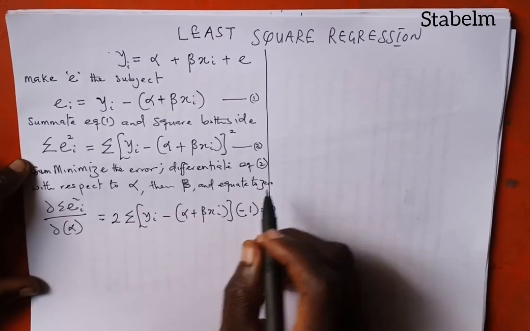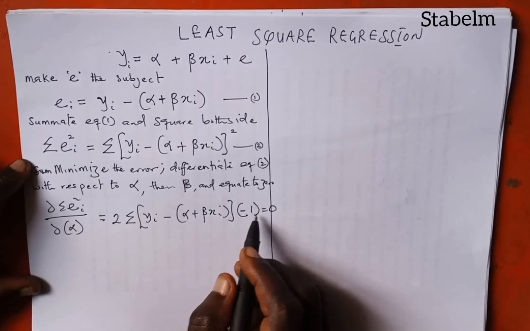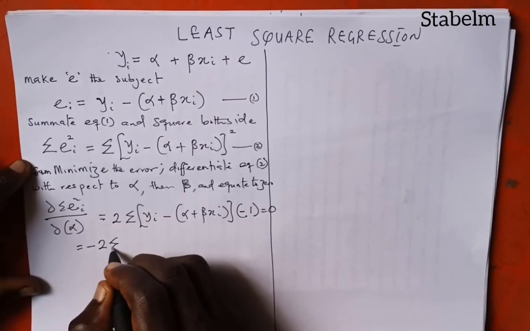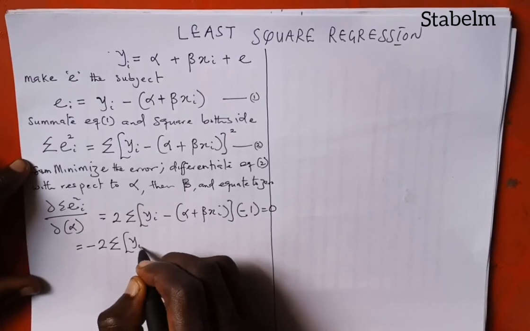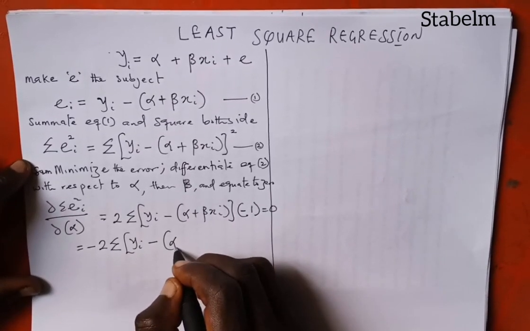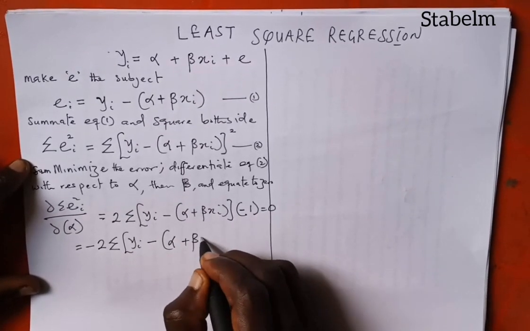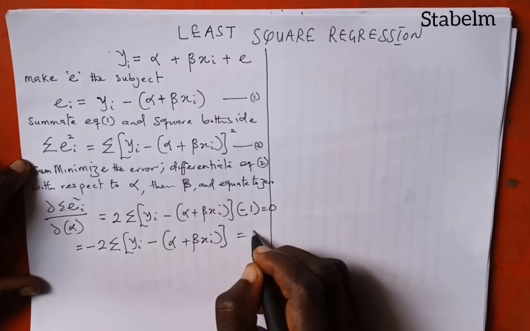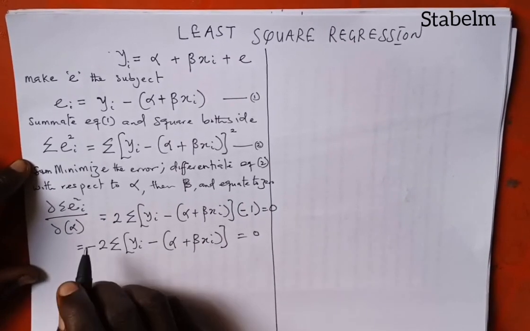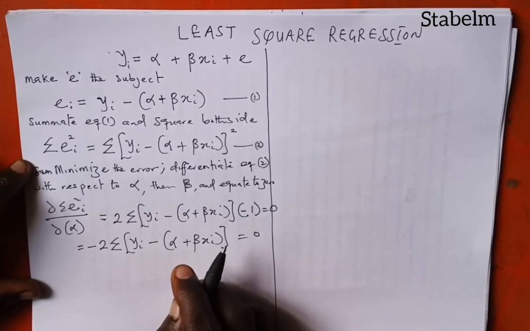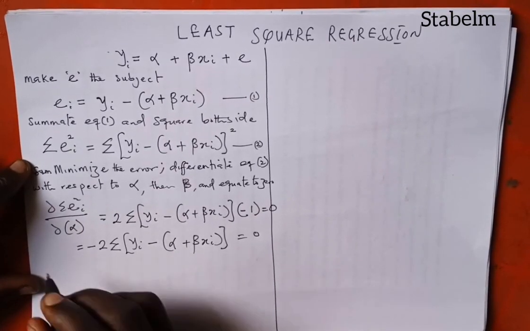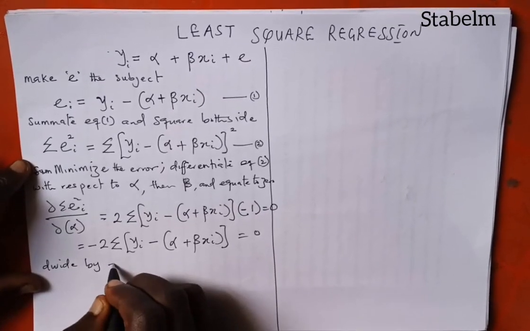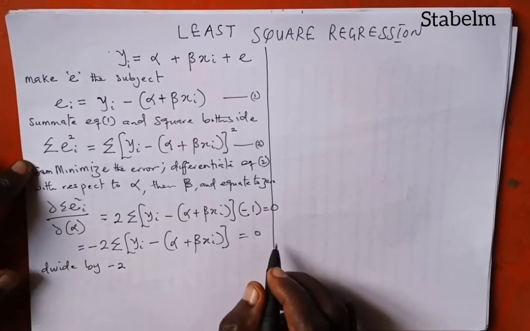If you multiply all of these now, we have minus 2 summation y subscript i minus alpha plus beta x subscript i equals to 0. Now I want to divide all of this by minus 2.